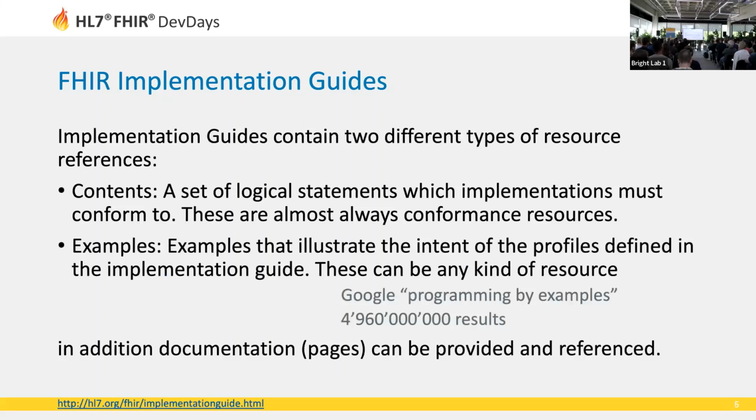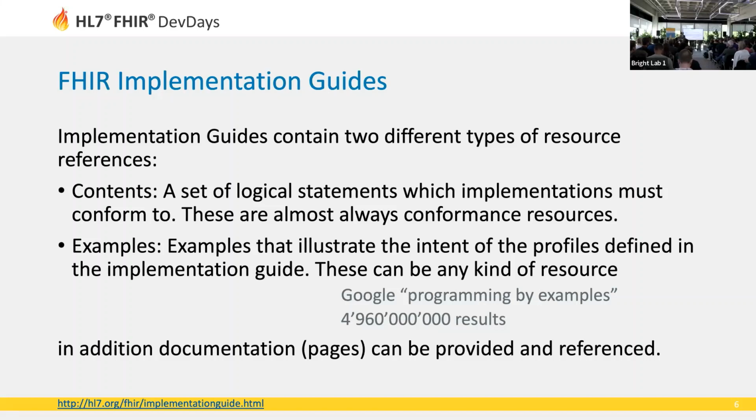And we have two different types. First we have the content, where it's described what that implementation has to look like. Most of the time these are conformance resources, specifying what restrictions we have, what kind of terminology to use, etc. And on the other hand, I think that's already one of the huge advantages of FHIR implementation guides: we have examples.